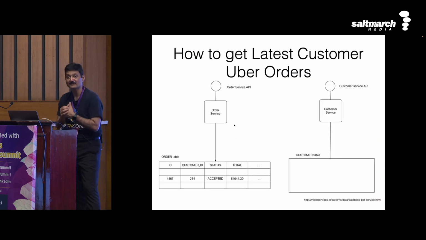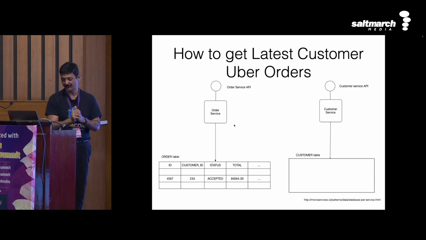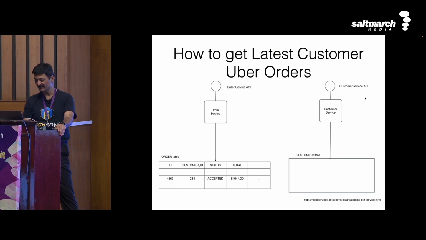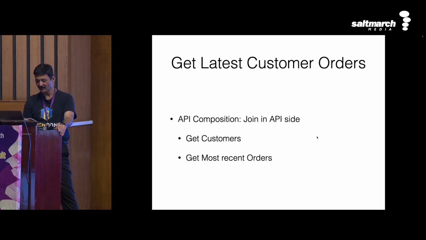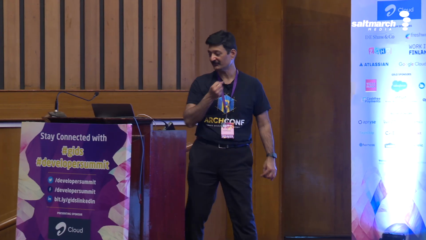Now, another thing that comes in is how to get the latest customer from the Uber order. You have order services, and you're processing that. Now you have another service, which is the customer service. What do you think I should do? I can combine them: get the customer first and get the most recent orders next.